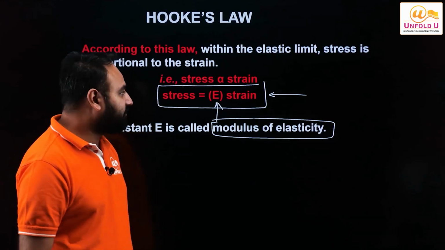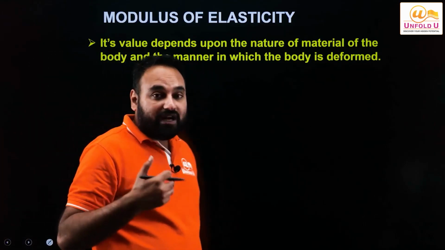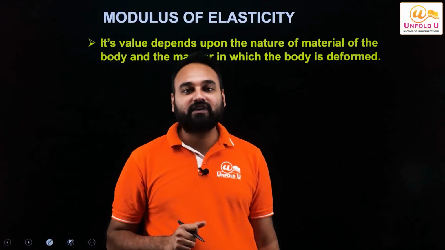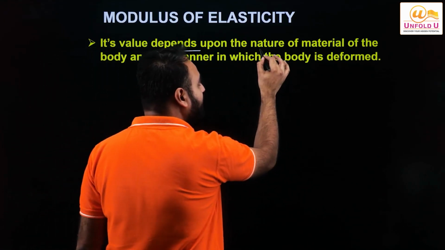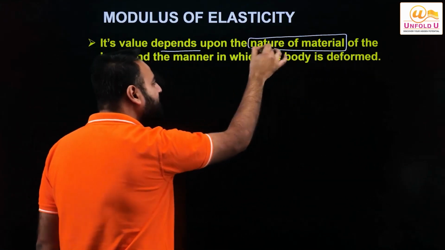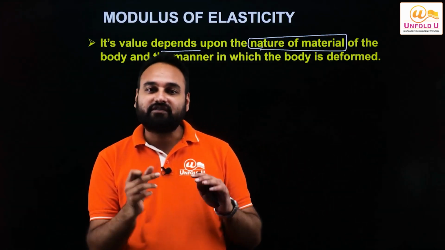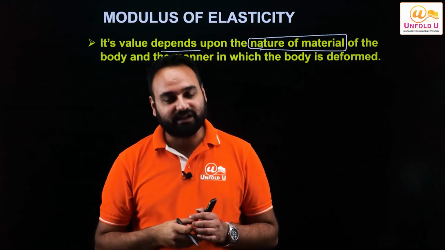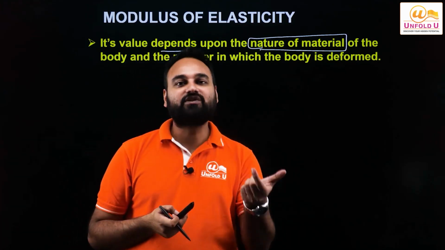Now let's move forward and see more things about modulus of elasticity. Modulus of elasticity depends upon the nature of the material. For sure, it is expected that the modulus of elasticity has something to do with the nature of the material, because stress and strain depend on nature.